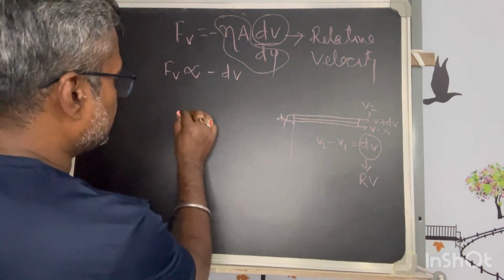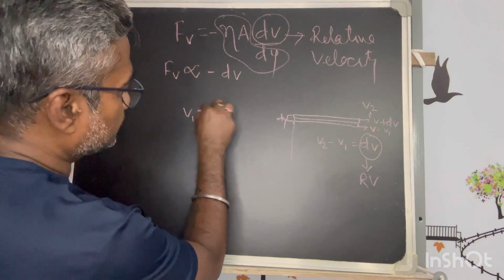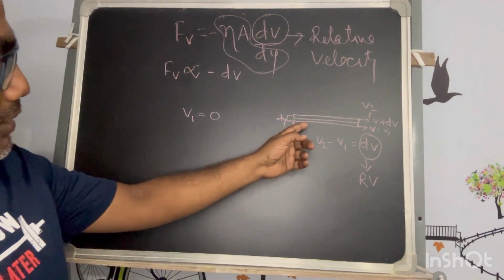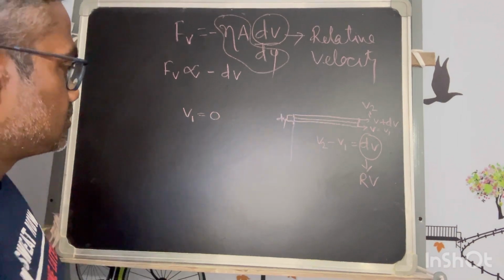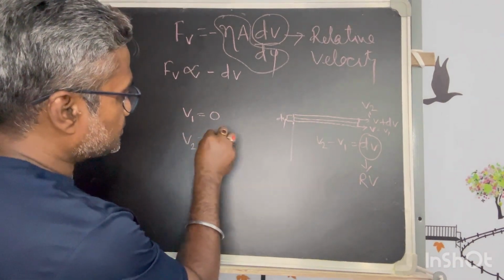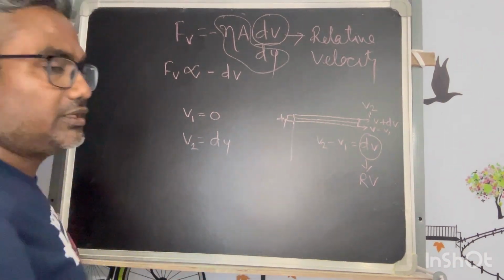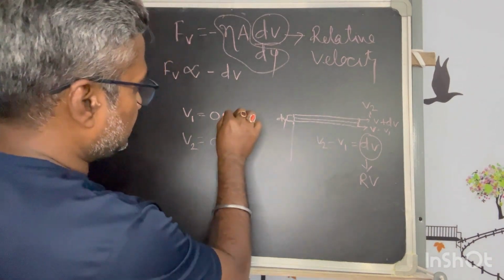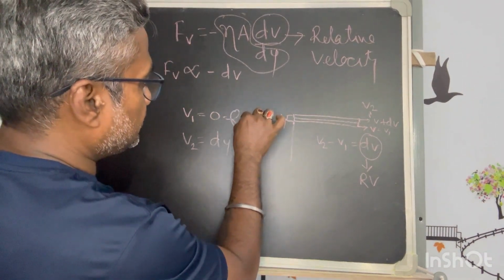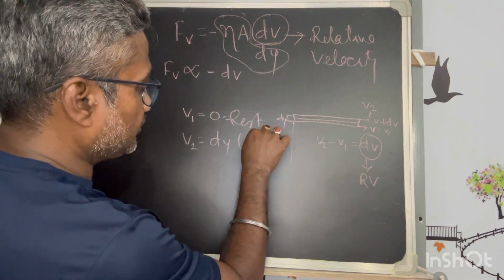Now, if I say that V1 is 0, that the layer which is adhering to the upper layer is at rest, then V2 is the differential velocity. That means one layer is at rest and the other is moving.